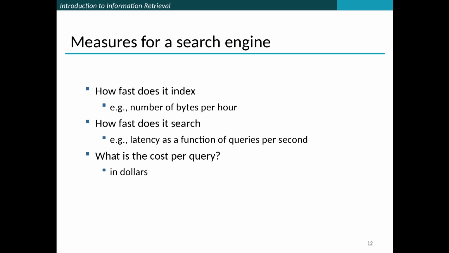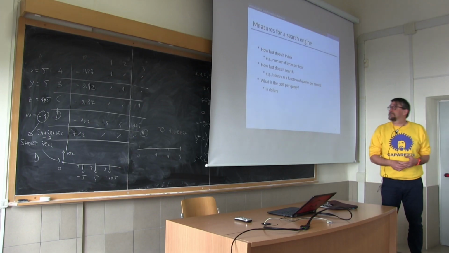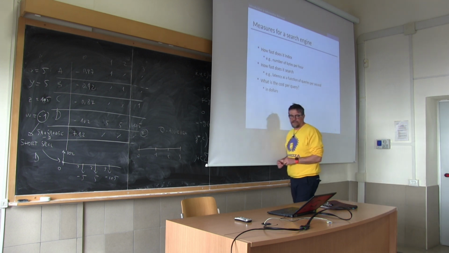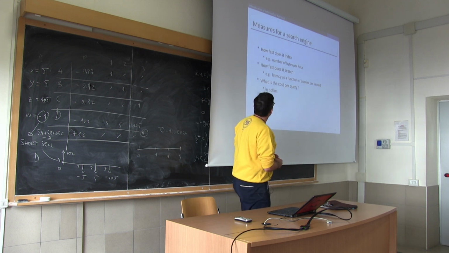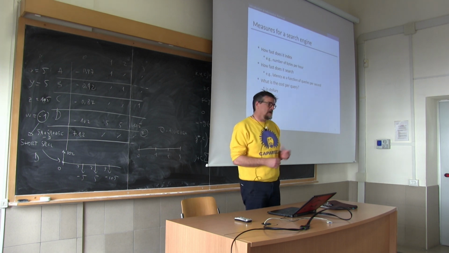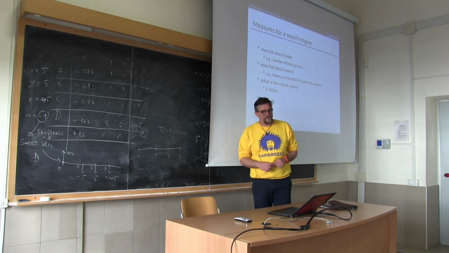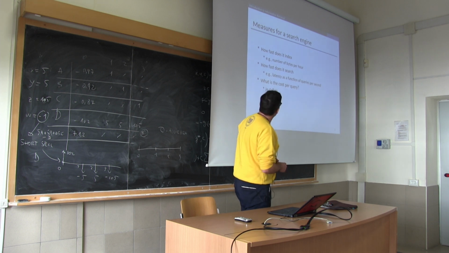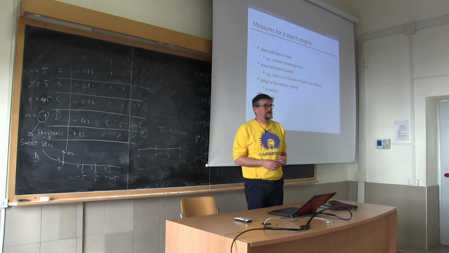One possible metric that is of interest, clearly, to the service provider is how fast the index is built. One possibility is to use the number of bytes per hour. Another possible metric, which is actually related to the user, is how fast is the search feature.